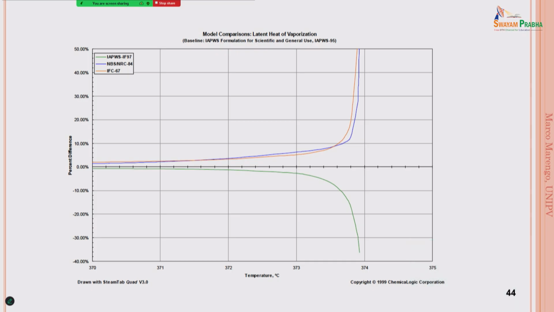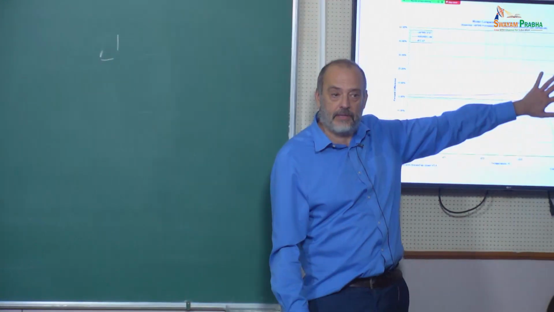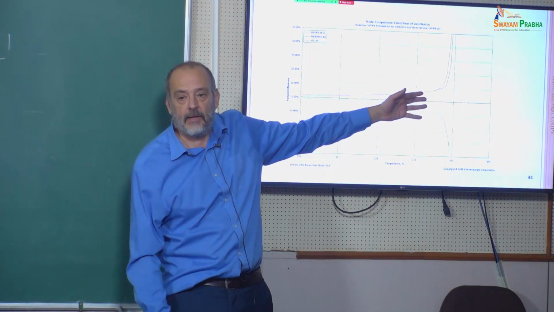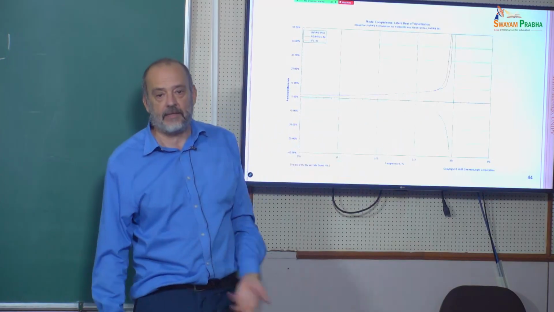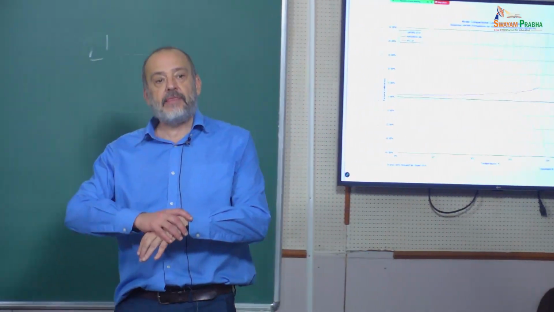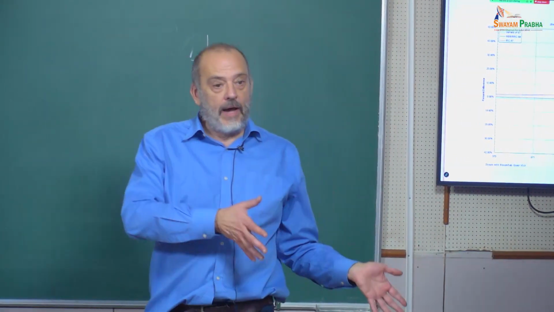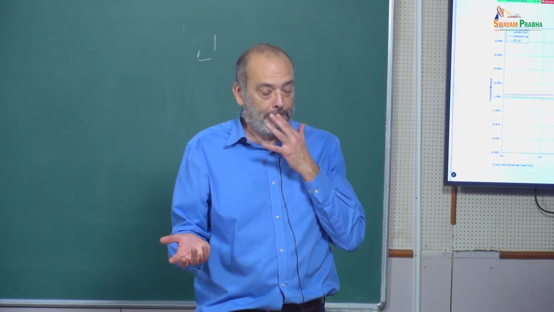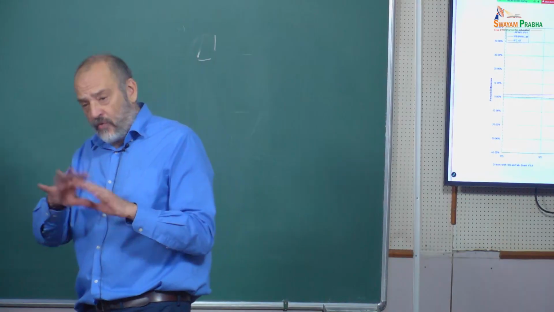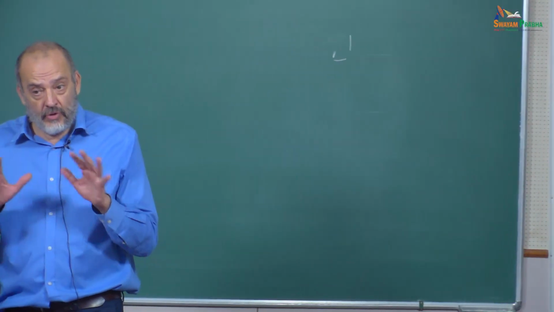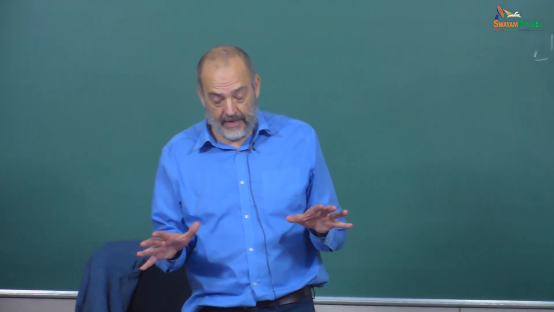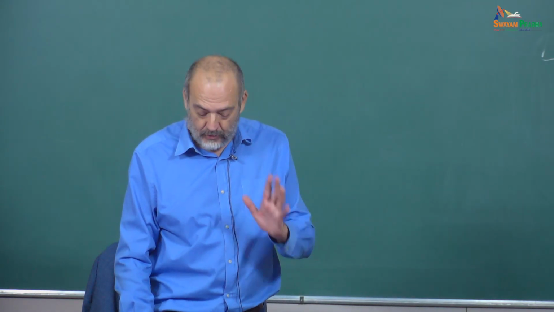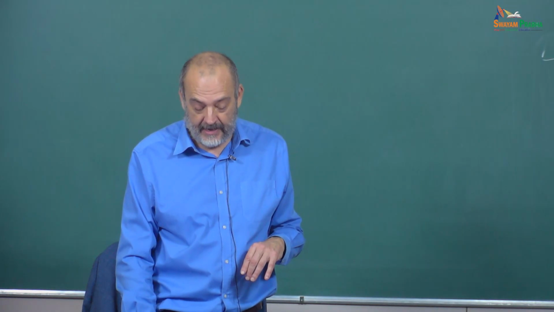So when you are closer to the critical point, even one of the simplest properties, like the latent heat, deviates a lot from one model to another. And this is happening for all the variables, so you don't know exactly what is happening there. You can try, but it becomes quite complex to work very close to the critical point.